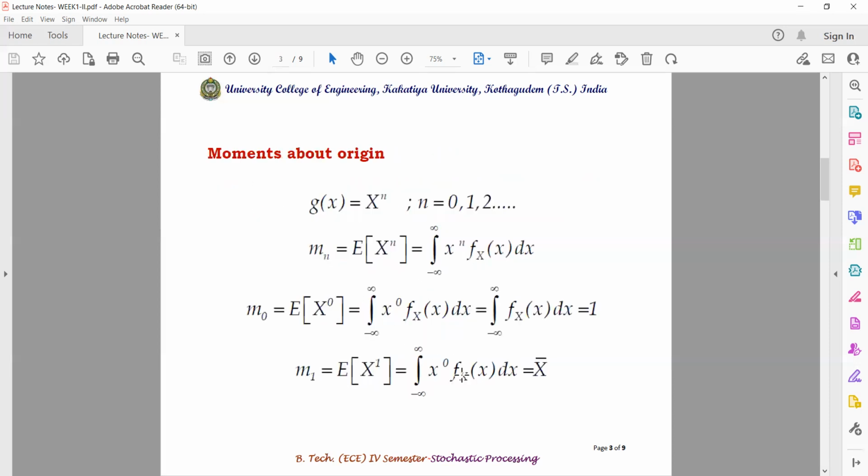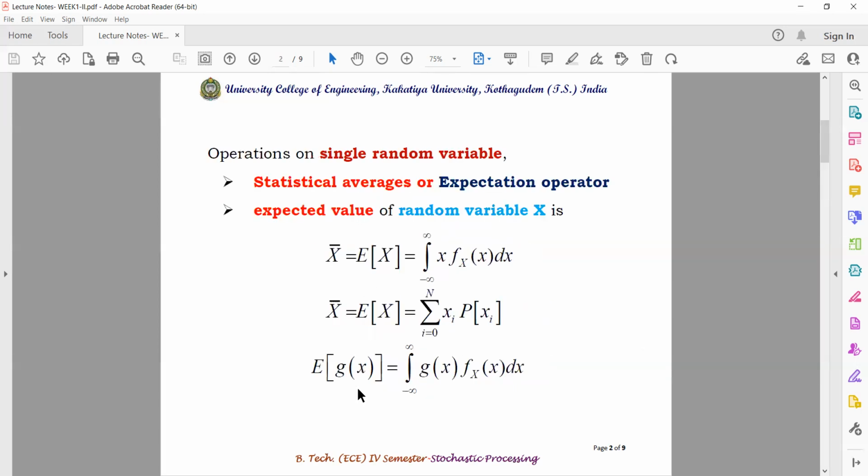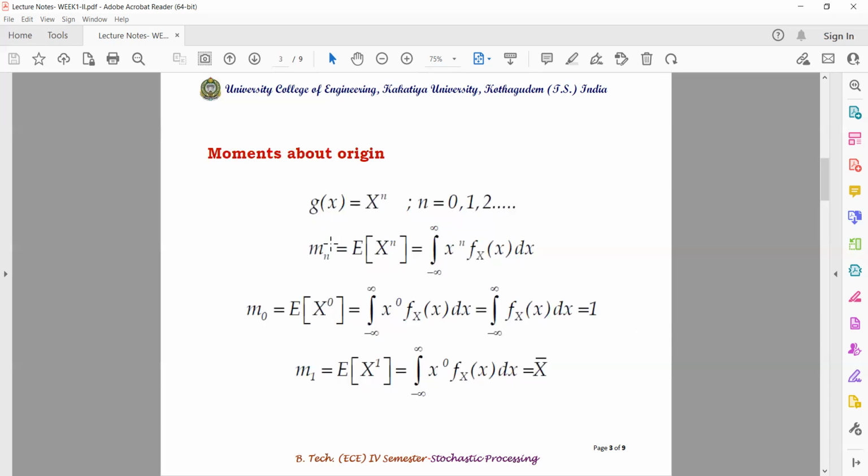In operations on a single random variable, the first point to be discussed here is moments about the origin. In place of the last one, expectation of g(x), if g of x is equal to capital X to the power n, and n varies from 0, it's always an integer value, 0, 1, 2 and so on up to infinity, it is called moments about the origin.